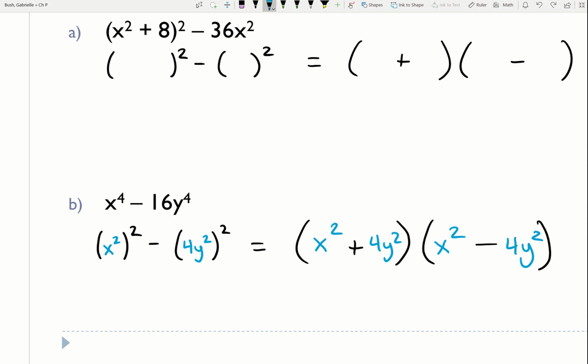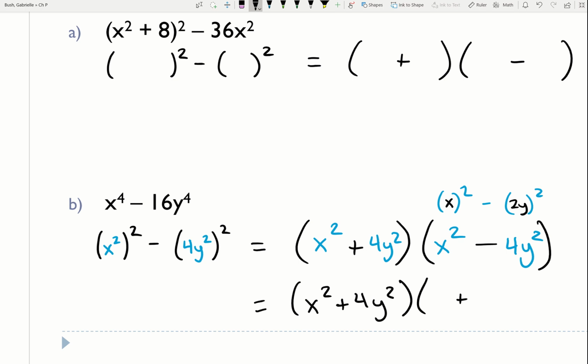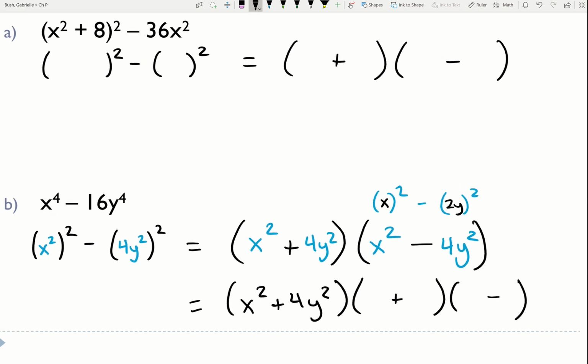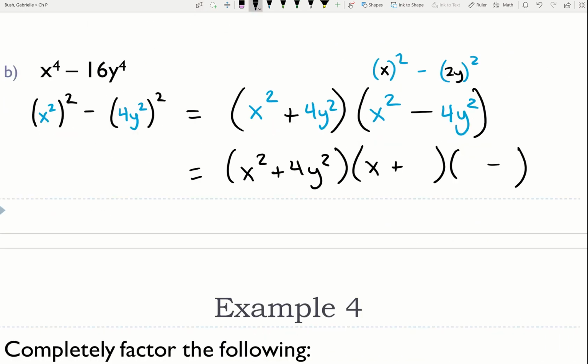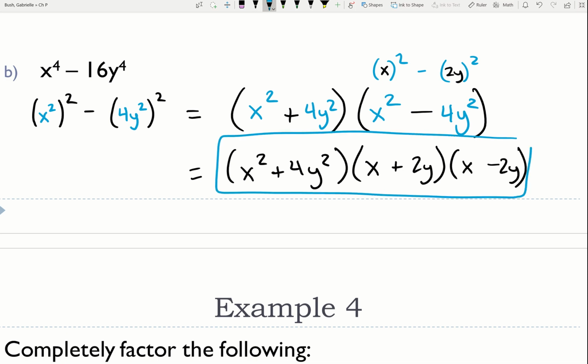We can go ahead and rewrite this as something squared minus something else squared, which is simply x squared and 2y squared. And so we can continue to factor that. So x squared plus 4y squared times the sum times the difference. And so what are we going to end up having there? Well, we just said x and 2y, x and 2y, and that will be our quick and easy result, just like that.